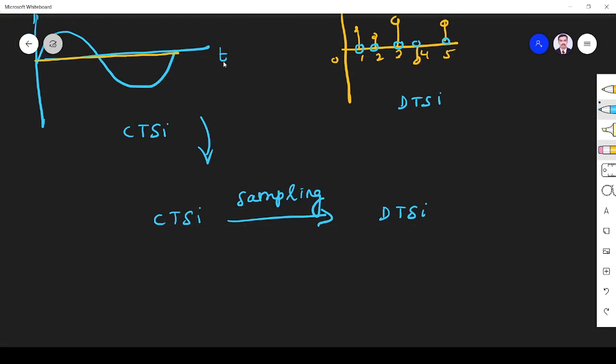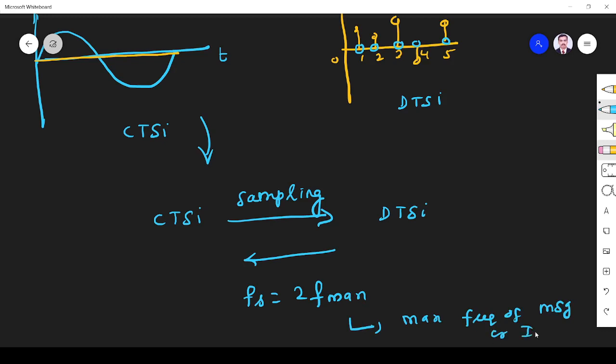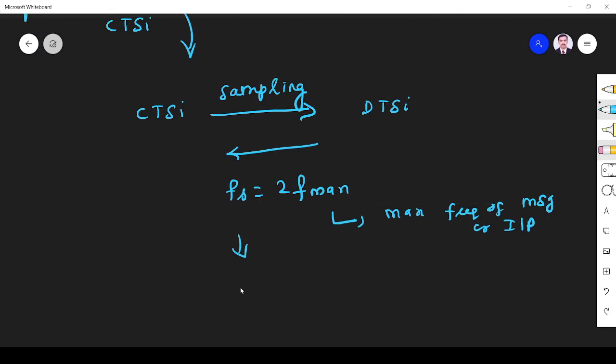If you want to get back the continuous time signal from this discrete time signal, you have to sample at the rate of 2 f max, where f max is the maximum frequency of the message or input signal, and fs is the sampling frequency.